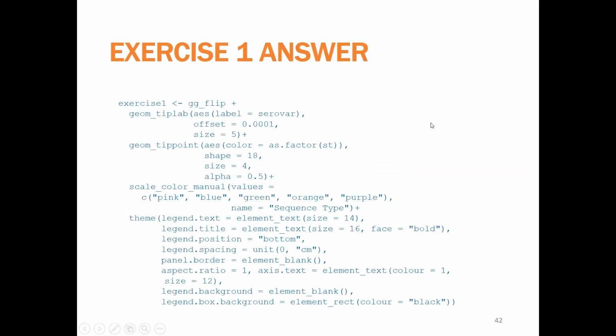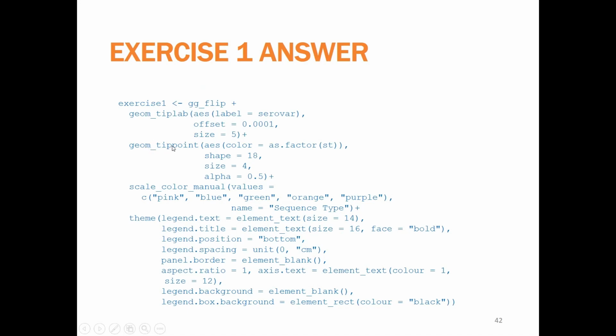What was a little bit different with this tree was that I used ggflip, so that already has the metadata linked to it. That way I was able to customize the geom_tiplab to specify the aesthetic as label equals Surovar. And that's how I got the tip labels to do that. I upped the size a little bit to 5, which is a little bit bigger than the default.